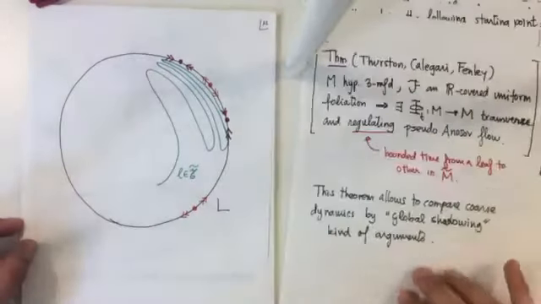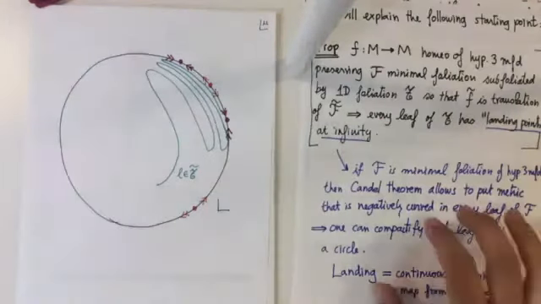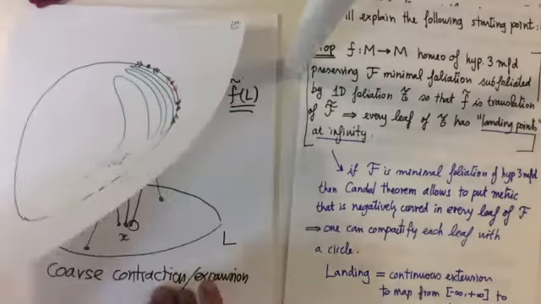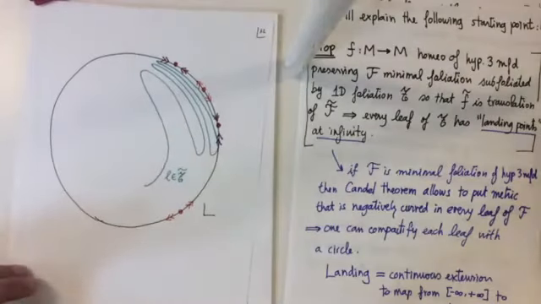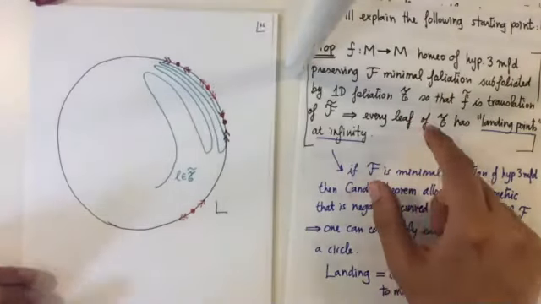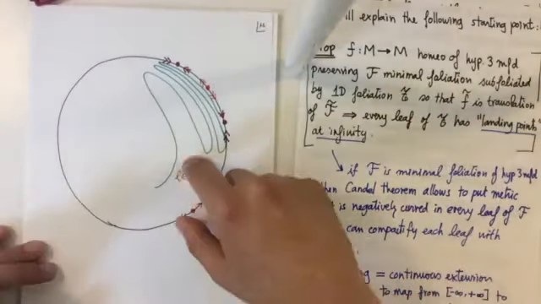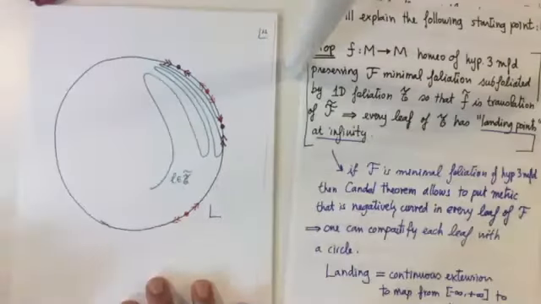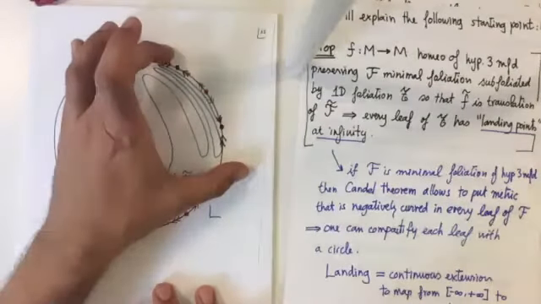And so let me try to explain the idea for the proof of this proposition. The idea is as follows. Assume you have a leaf that's not landing in a point, so it will land in an interval.